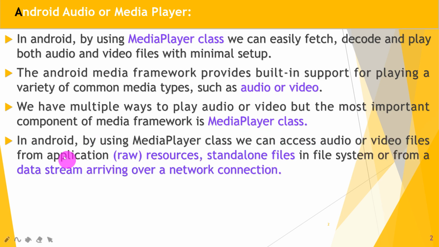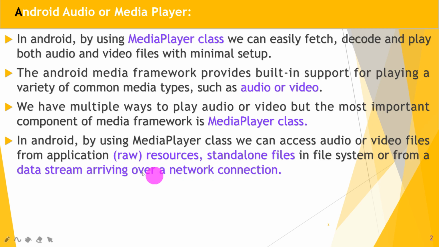In Android, by using the MediaPlayer class, we can access audio or video files from application raw resources, standalone files in the file system, or from a data stream arriving over a network connection. Great. So using MediaPlayer, we can play audio or video from different resources.